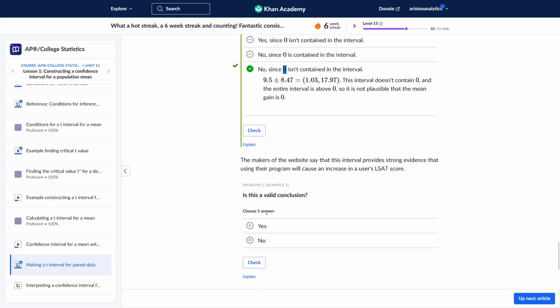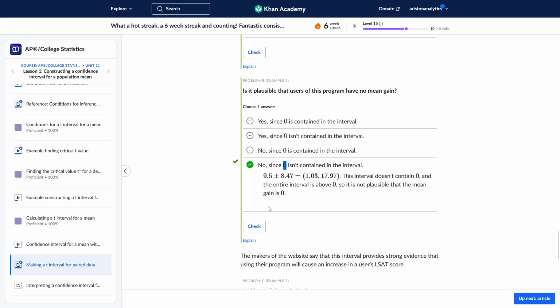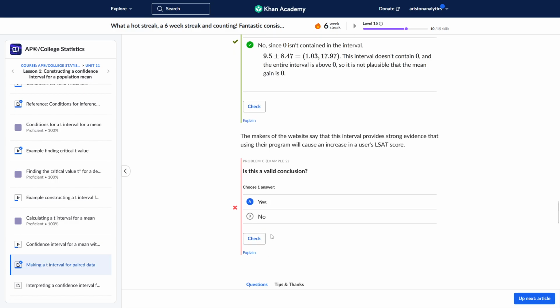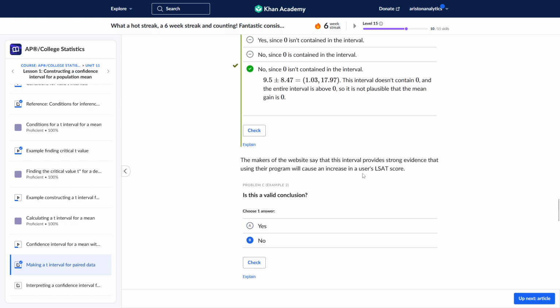Is this a valid conclusion? Yes. Oh wait, no. The makers of the website say that this interval provides strong evidence that using their program will cause an increase in the user LSAT score.